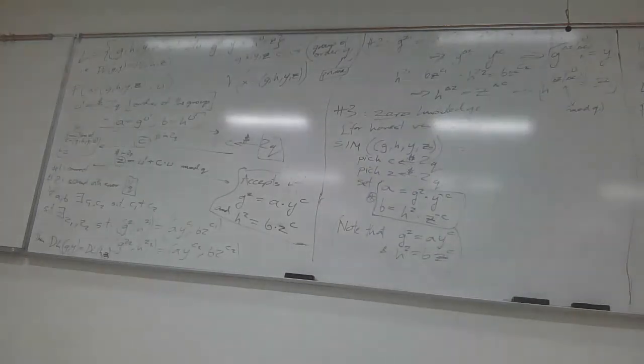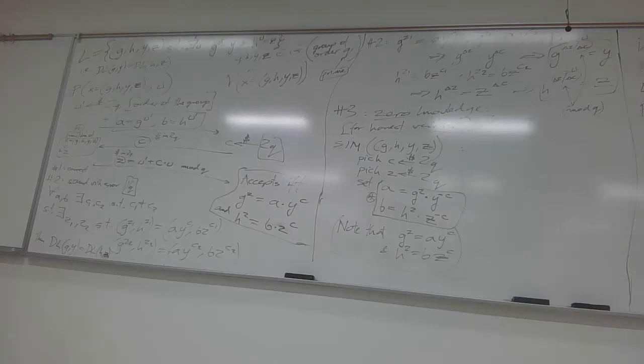Let's check how the verifier operates. The verifier, given the statement and the proof, which is C and Z, does the following. He emulates this proof sort of backwards.